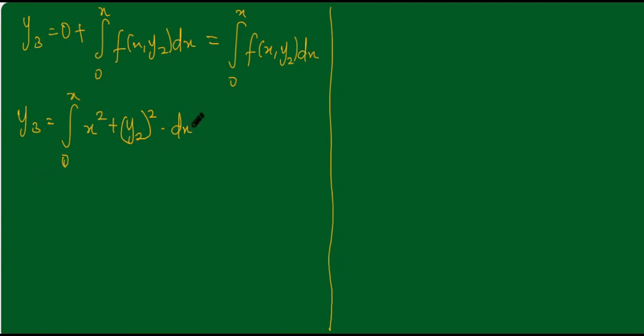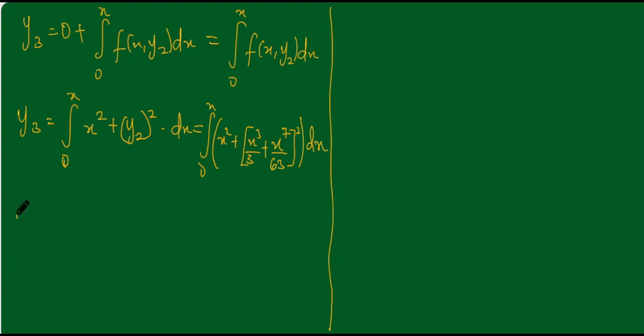So this becomes the integral from 0 to x of x squared plus x cubed divided by 3 plus x raised to power 7 divided by 63 all squared with respect to x.